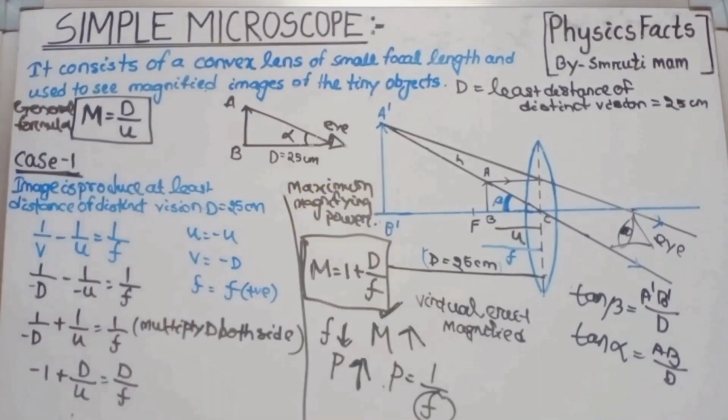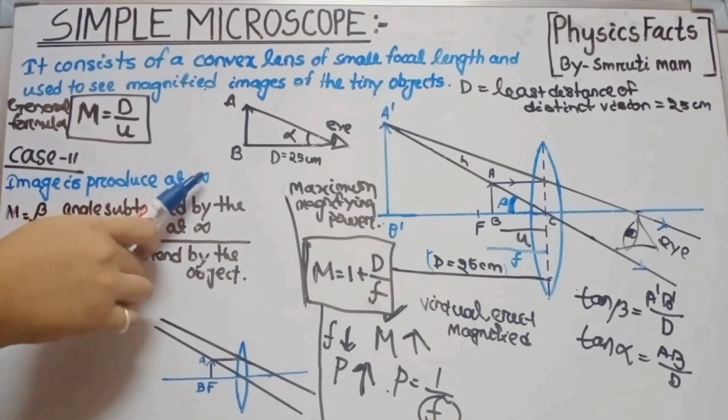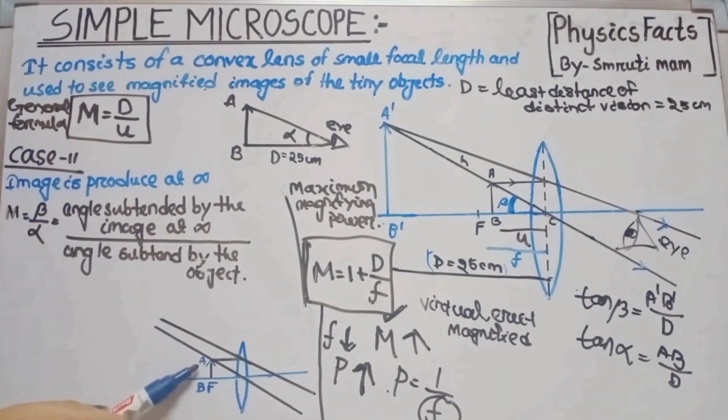Then we go to the second case. Now go to case 2, that image is produced at infinity. इंफिनिटी पे कब इमेज प्रोड्यूस होगा, जब ऑब्जेक्ट फोकस पर होगा. ओके, हम कुछ ऐसा सेटअप करते हैं कि ऑब्जेक्ट को हम कहां पे रखते हैं, फोकस ऑफ दिस convex lens. Okay, we set up that object or place the object at the focus of this convex lens.